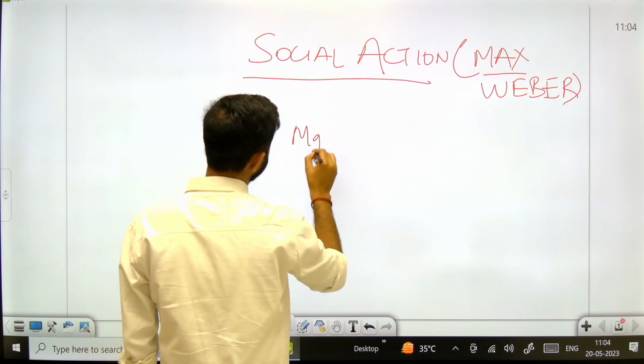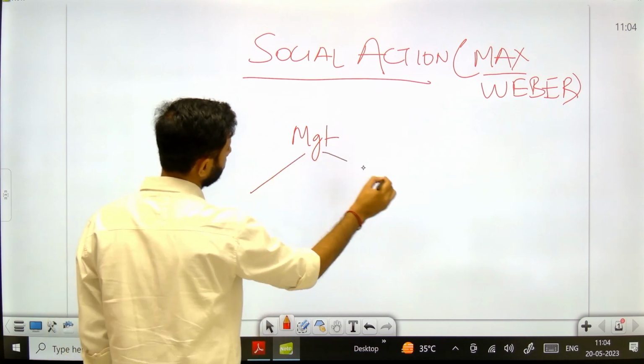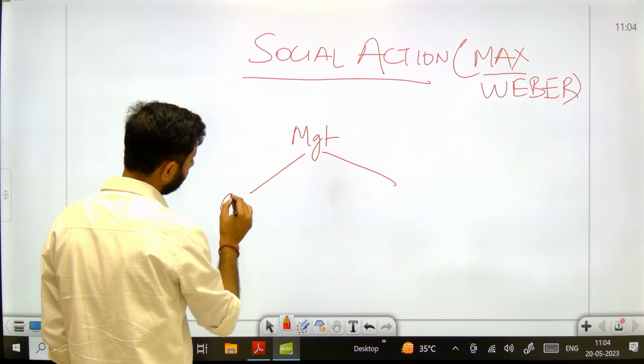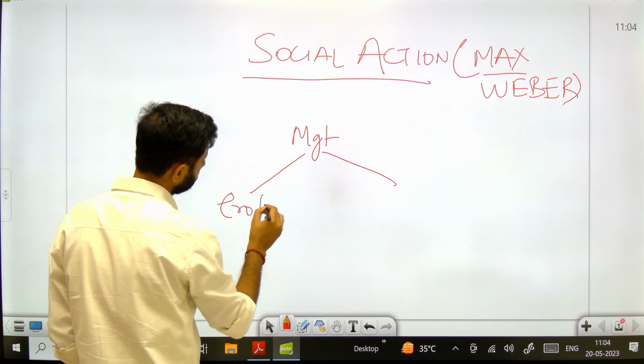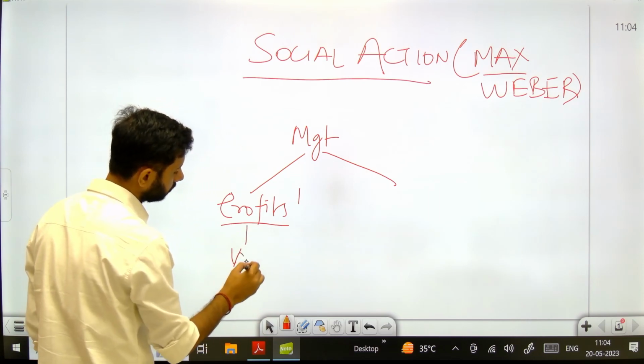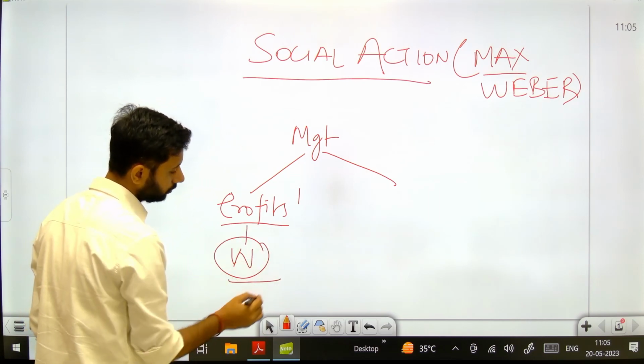Now comes the management. There can be two types of management. One says, I'll distribute a share of my profits to the workers to gain their loyalty.